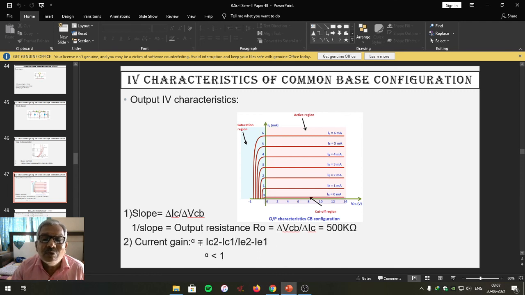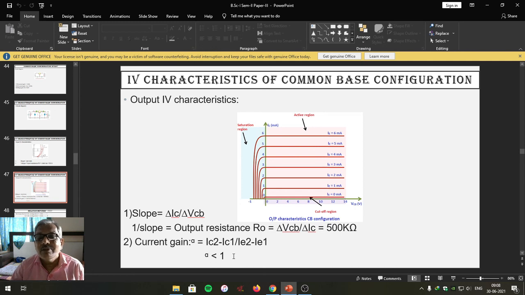It is going to give you the current gain alpha for common base configuration. Friends, please do remember, value of alpha is always less than 1. Current gain of BJT in common base configuration is always less than 1. Please do remember these formulas also, because we are going to solve numerical examples on this particular topic.